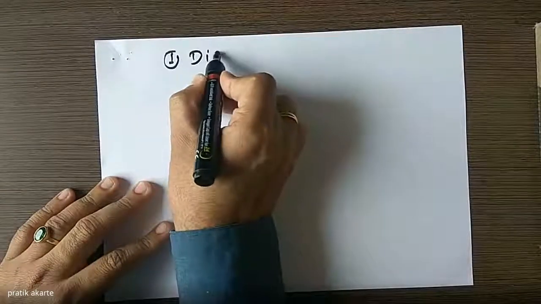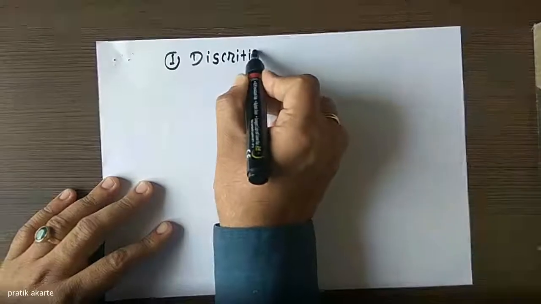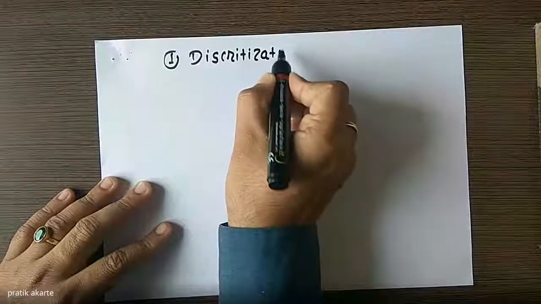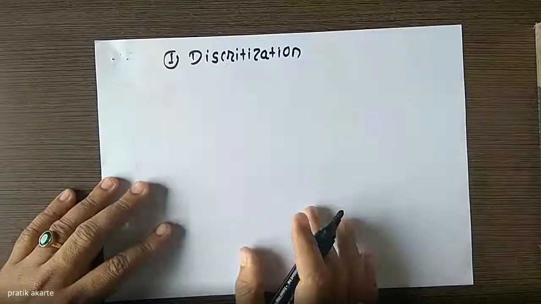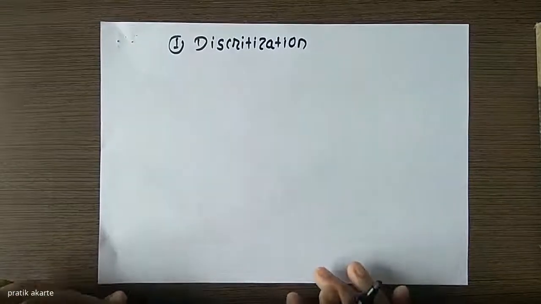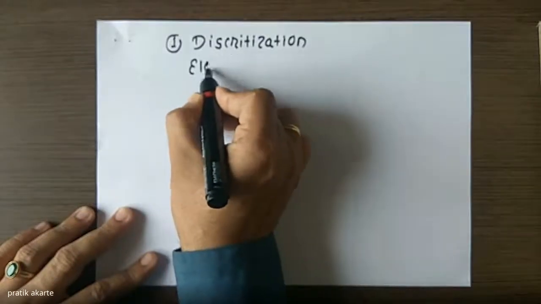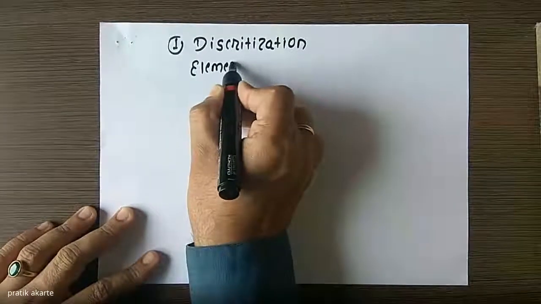We have discussed that the very first step is discretization. So discretization means dividing the geometry into some finite number of parts. Those parts are called elements.